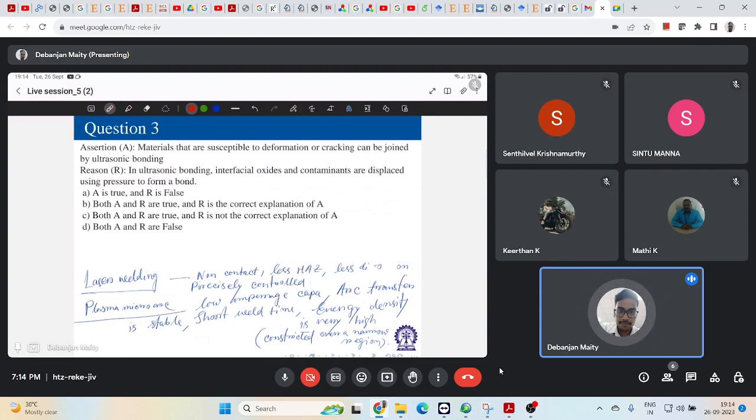In the reason part, actually both are true, but is the reason the correct explanation of this? Materials that are susceptible to deformation or cracking. This is not a correct explanation.